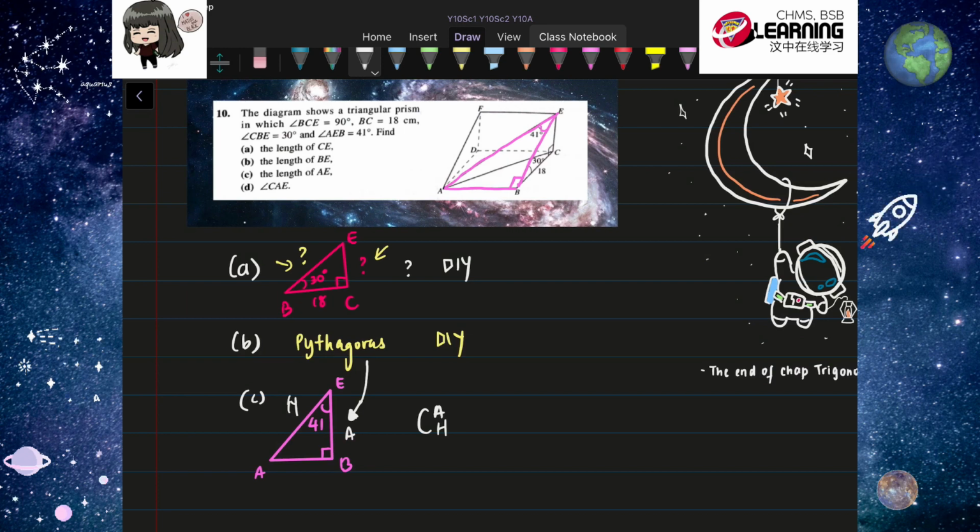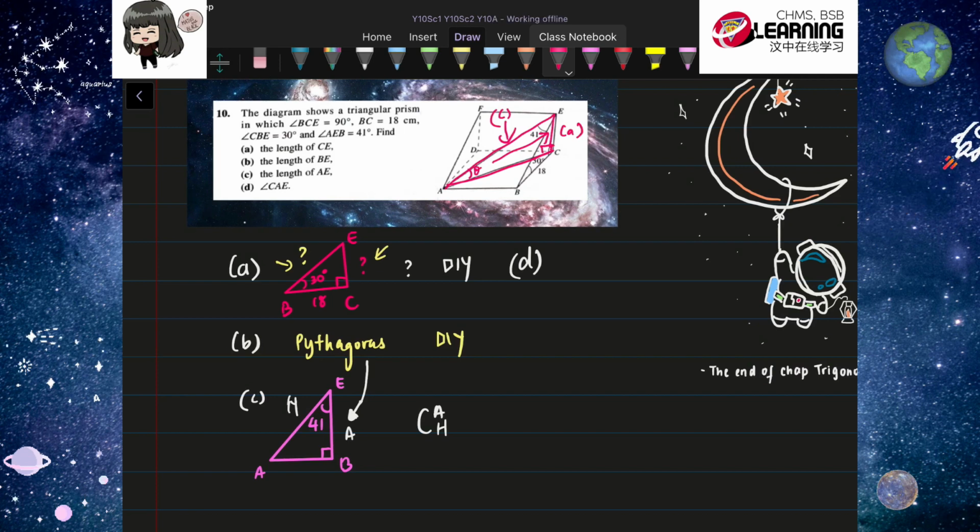So next is part D. Part D, to find the angle of CAE. CAE, then we can use this triangle just now. This is the 90 degree. This is the angle that you need to find. So now, AE, you will find it from part C, and then CE you already have in your part A. Then you can find this angle over here.